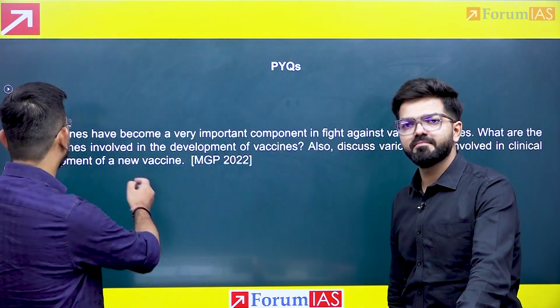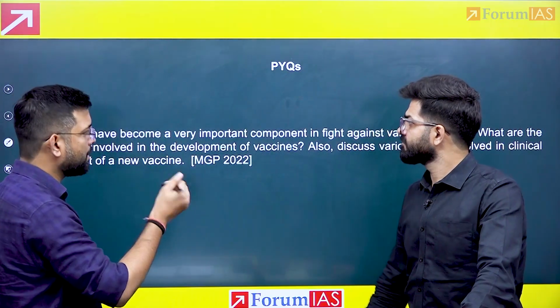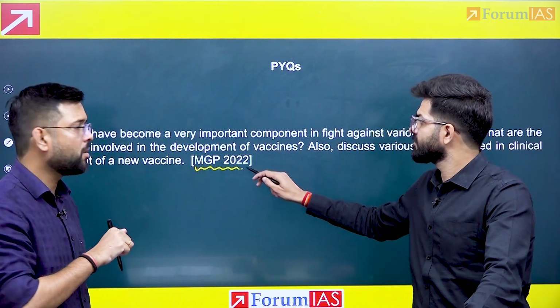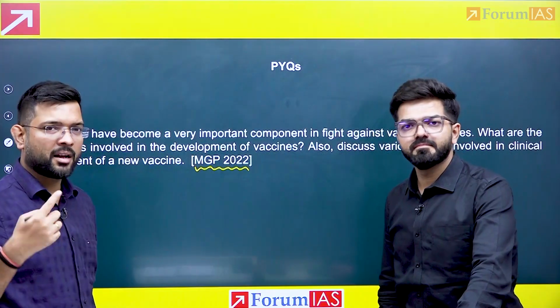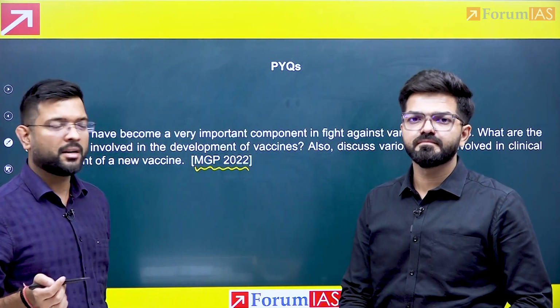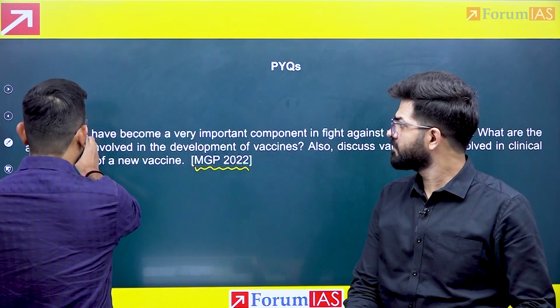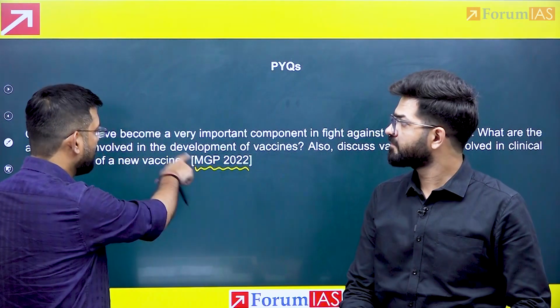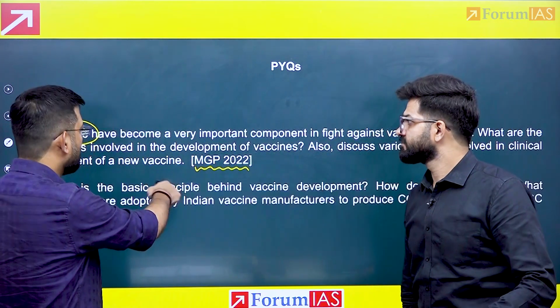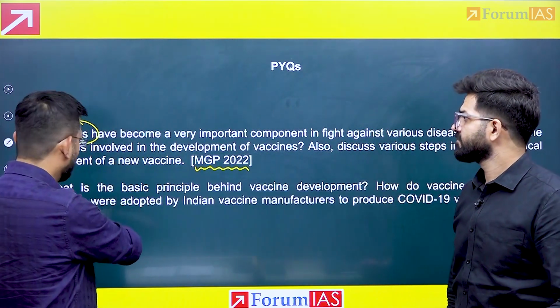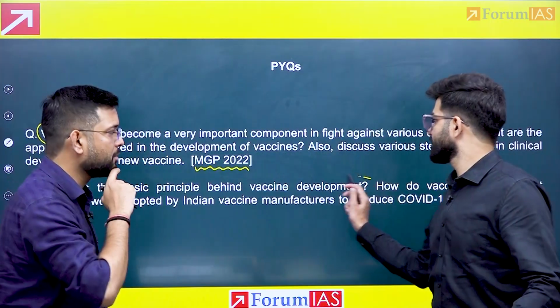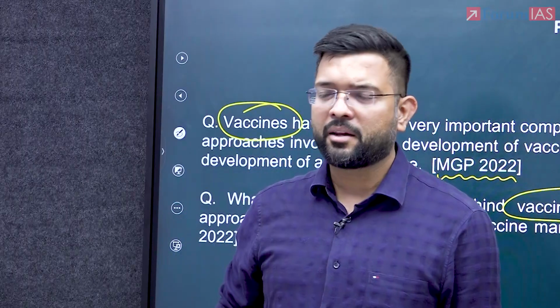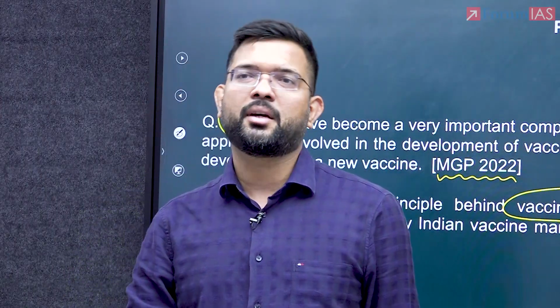Another example that we want to give is of something which is very relevant right now, and how it gets transformed into a potential question being asked by UPSC. So as you can see, with vaccines in 2021, we witnessed COVID and vaccines became important that year, and the next year, the same question we also predicted and UPSC also ended up asking the same thing, a basic question nonetheless, but it shows that it is not very difficult to predict what can be asked.